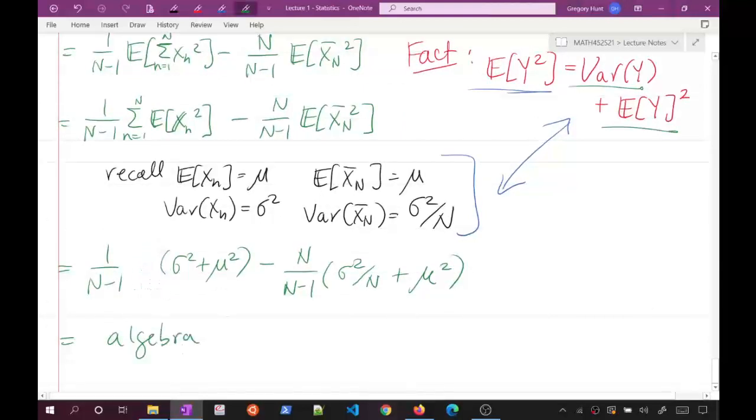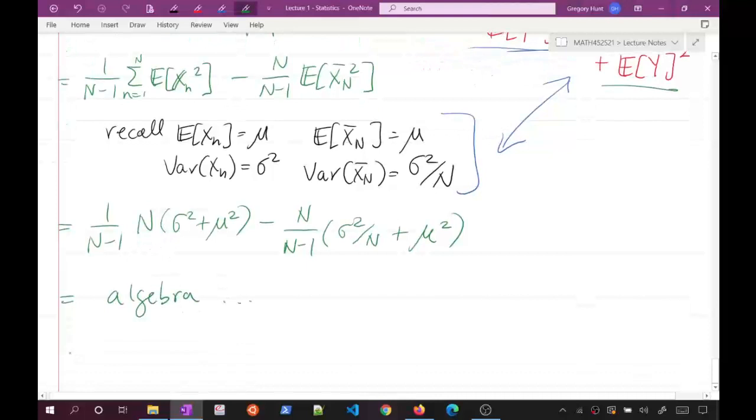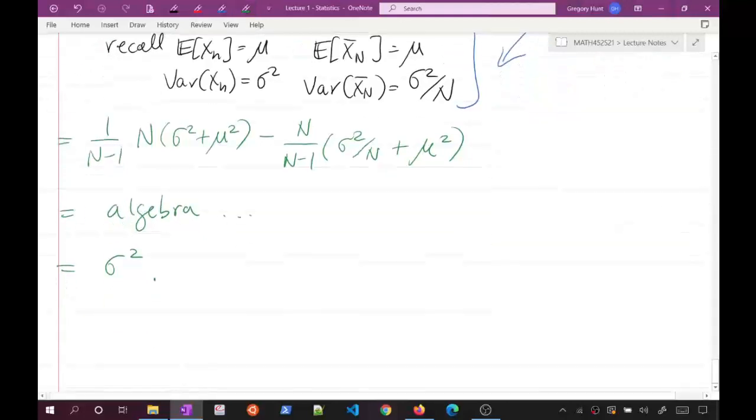I don't even have to write that as a sum. They're all the same, so it's just n of those. If I do some algebra, you should sit and do the algebra and convince yourself that it gets me sigma squared. So cool.